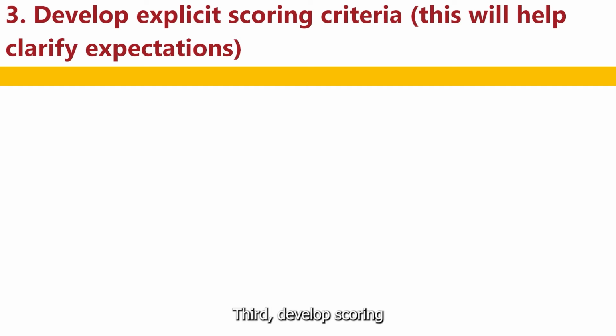Third, develop scoring criteria explicitly. The learners should be made aware of the scoring criteria. This step helps clarify expectations of the assessment creators, and the learners can prepare and expect marks or results accordingly.